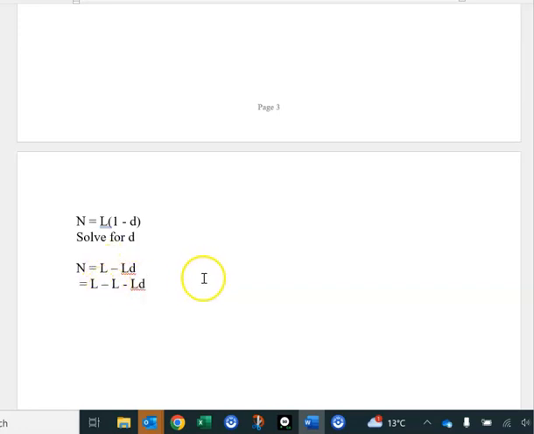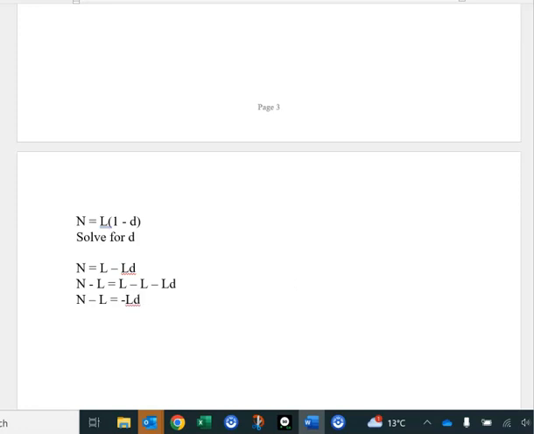So now, what we do to one side, we do to the other. So we subtracted an L from the right side, so we need to subtract an L from the left side. Okay. So now we are going to simplify that. So we have n minus L equals, L minus L is gone, so we have negative Ld.